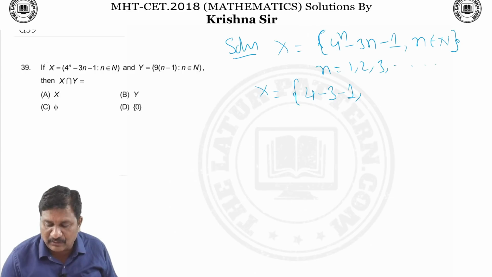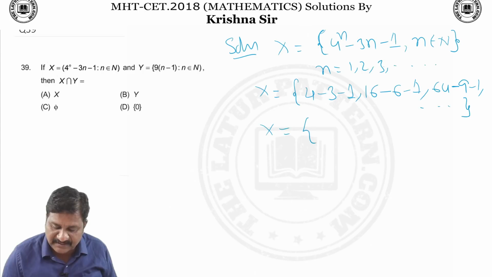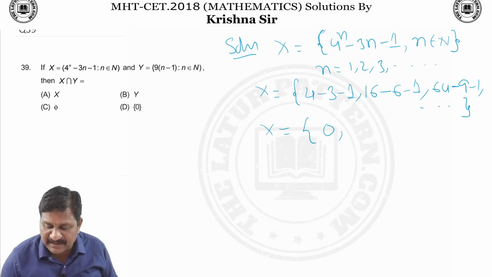If you take n equal to 2, 4 square is 16, minus 3 into 2 is 6, minus 1. If you take n equal to 3, 4 cube is 64 minus 3 into 3 is 9 minus 1, and so on. So capital X is the set 4 minus 4 is 0, 16 minus 6 minus 1 is 9, 64 minus 10 is 54, and so on.